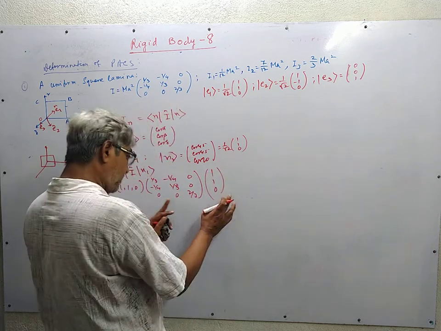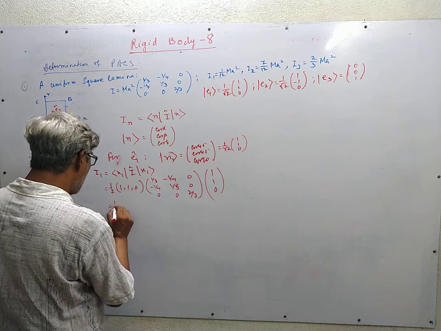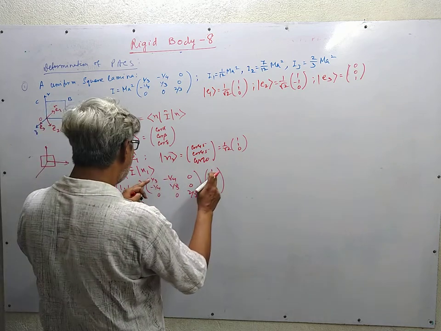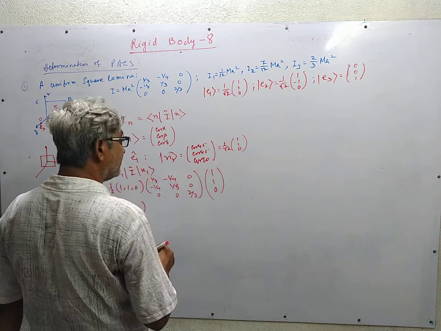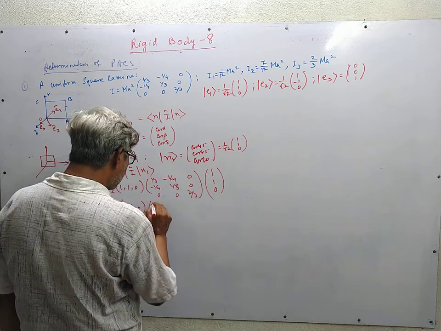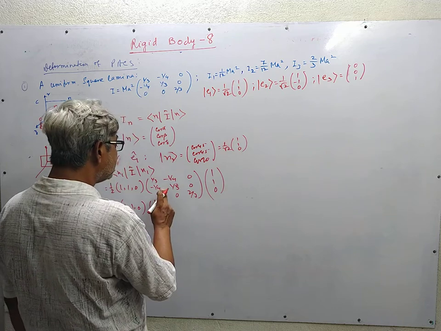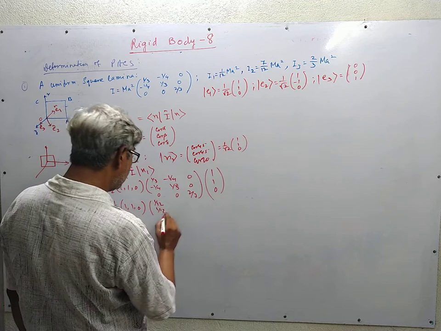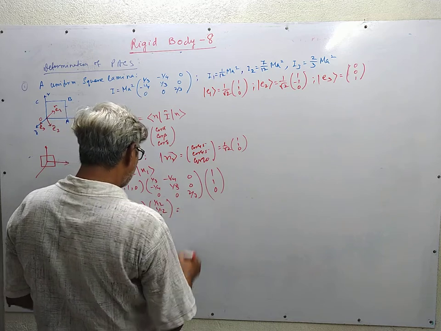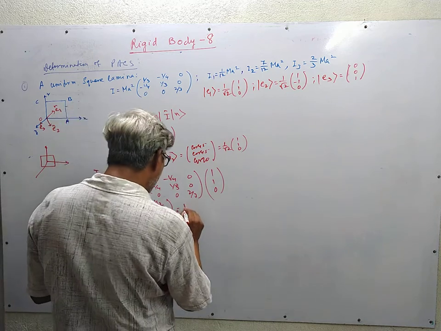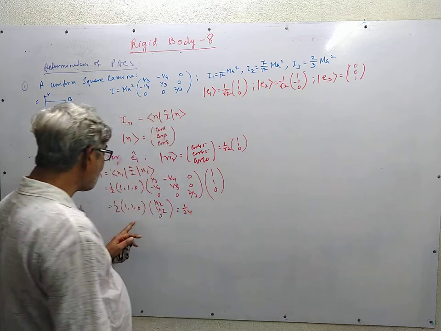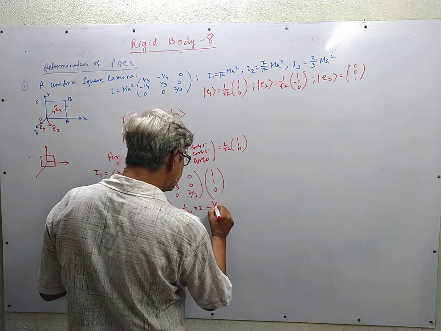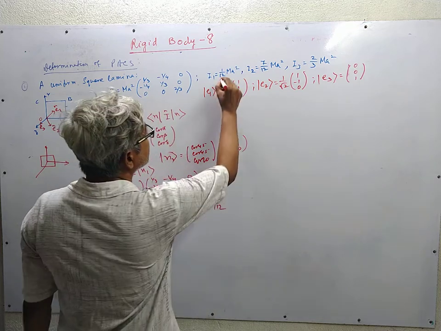This matrix multiplication gives us 1/3 minus 1/4, that is 1/12. This is again 1/12, and this is 0. Taking 12 out, 1 upon 24, and then 1 multiplied by 1, so this is 2, so this is 1/12, this eigenvalue.